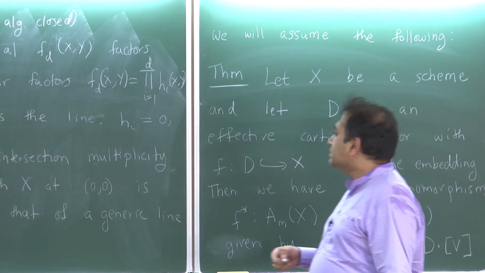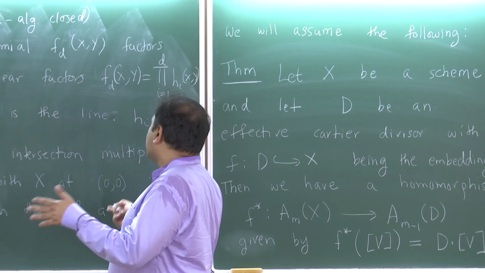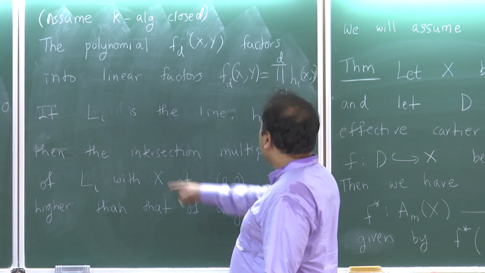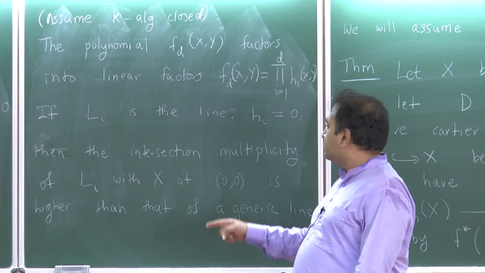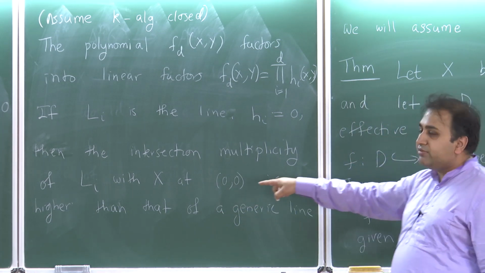This is how you can define intersection multiplicity for intersections of lines with curves. Then you can check that if I leave out any of these lines Li, the intersection multiplicity at 0 0 will be exactly d, but for these it will be higher.